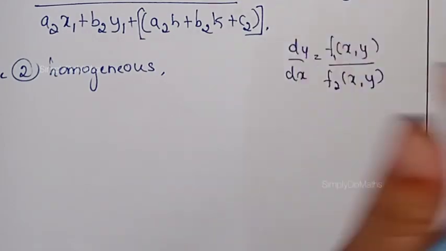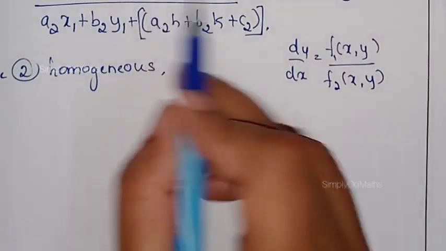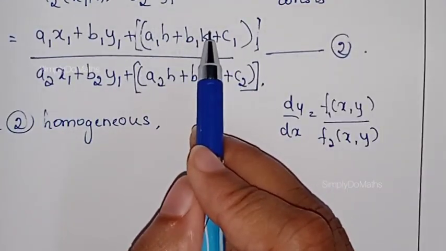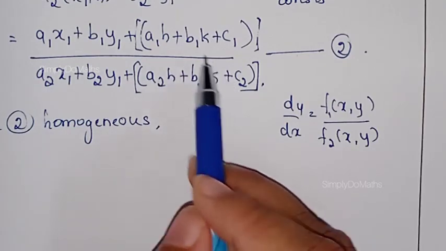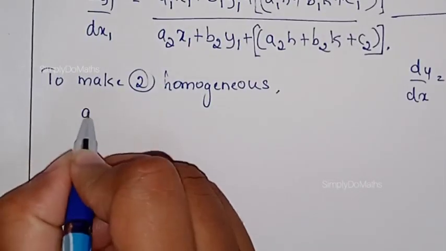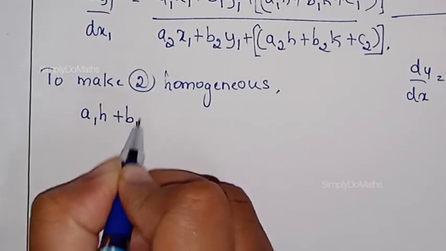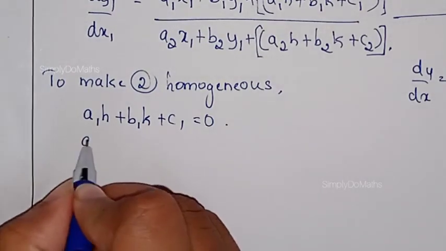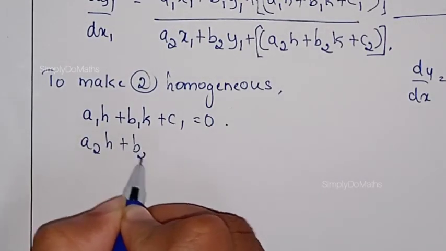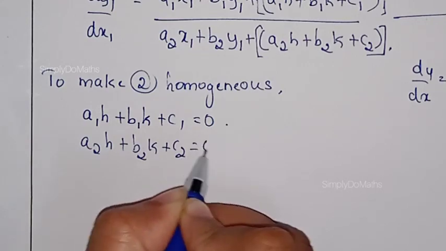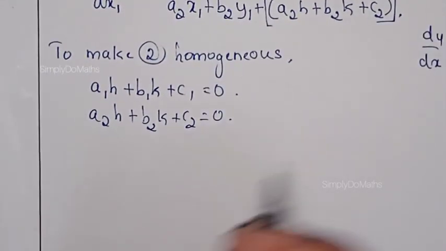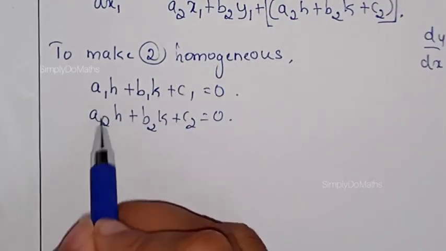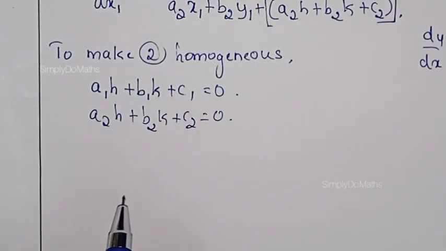Here constants will not be there. So we need to make this constant value 0 and this constant value 0. So I will consider a1h plus b1k plus c1 equal to 0 and a2h plus b2k plus c2 equal to 0. Now we need to find the values of h and k so that these two expressions become 0.